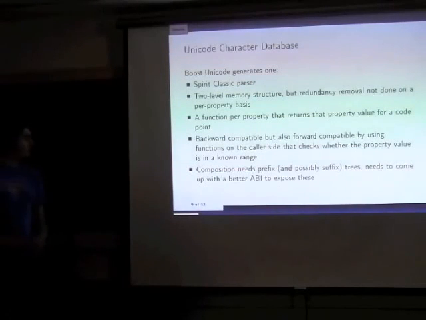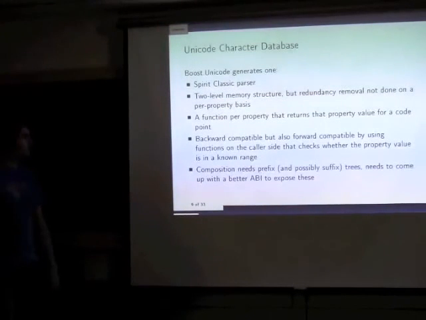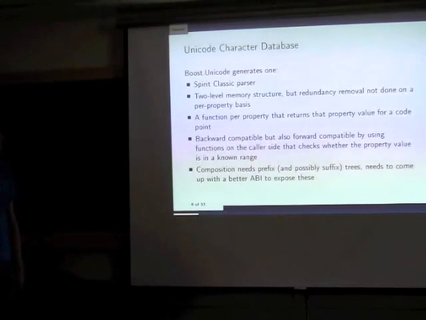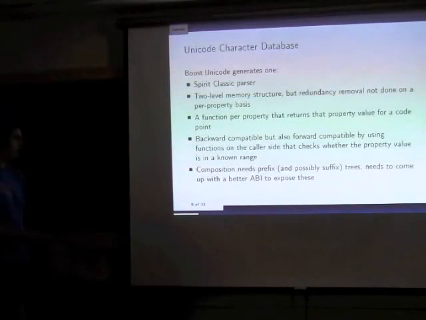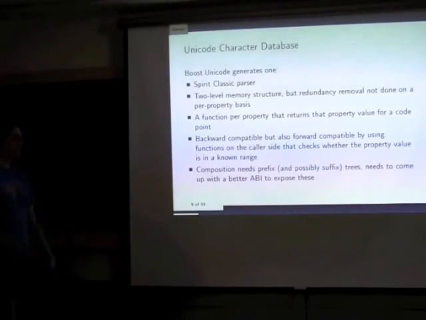So there's a parser that generates the tables to be used for the library. To remove redundancy, I use a two-level memory structure. It's also forward compatible because I check on either side that the property returned by the binary library matches values that we know, and if it doesn't, we can fall back to unknown.